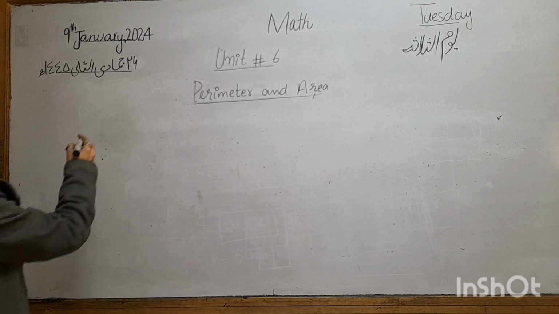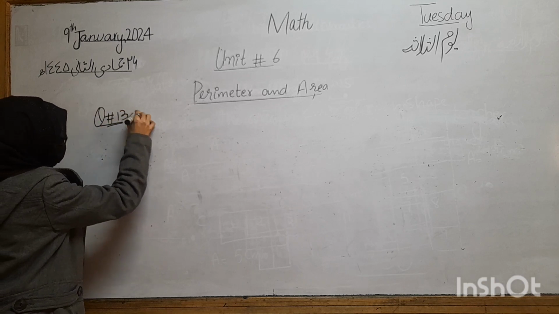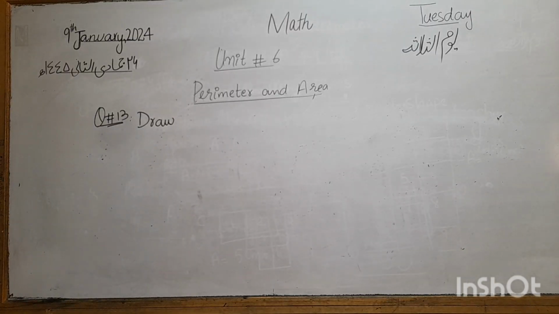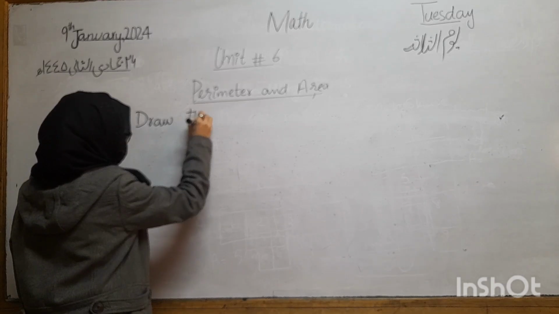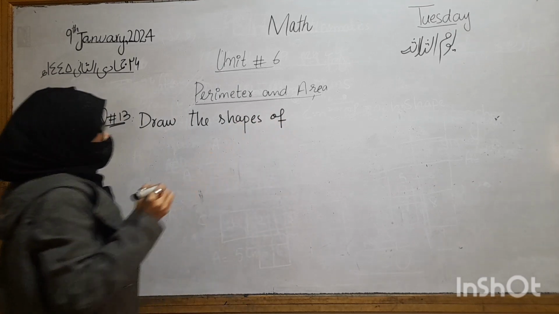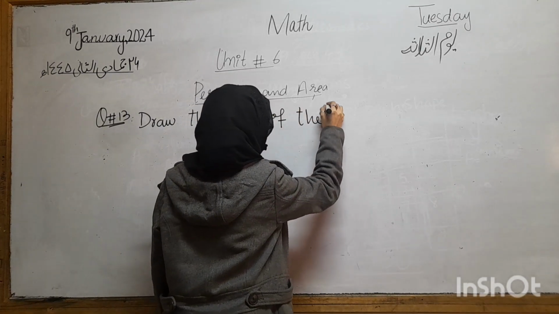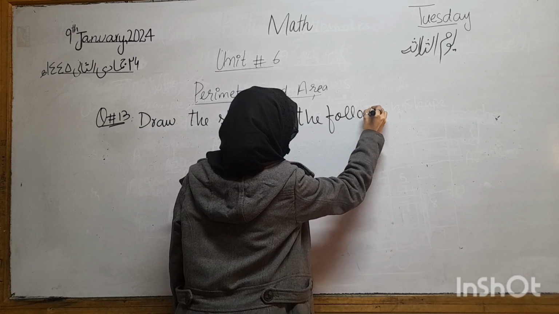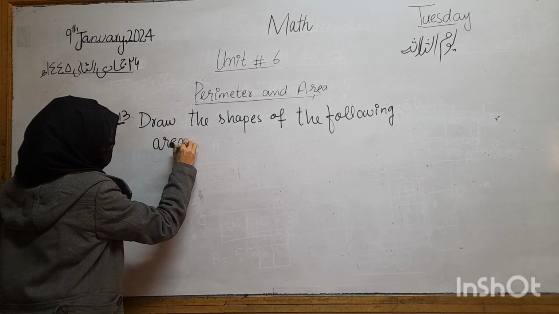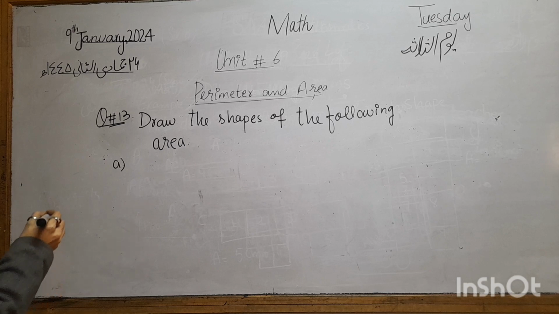In question number 13, draw the shapes of the following area on grid. In A part we have 8 centimeter square.